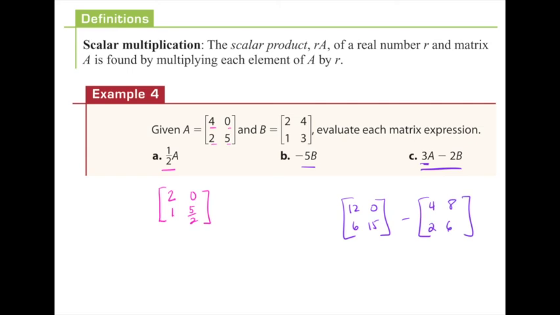And so you would just now subtract across, right? And so 12 minus 4, 0 minus 8, 6 minus 2, 15 minus 6, right? And then this would be my answer to do that scalar and that subtraction, all right?